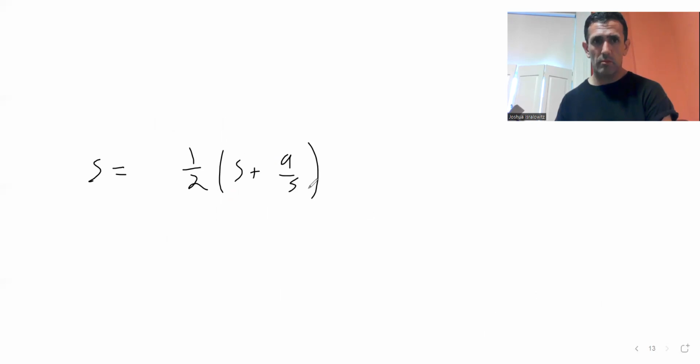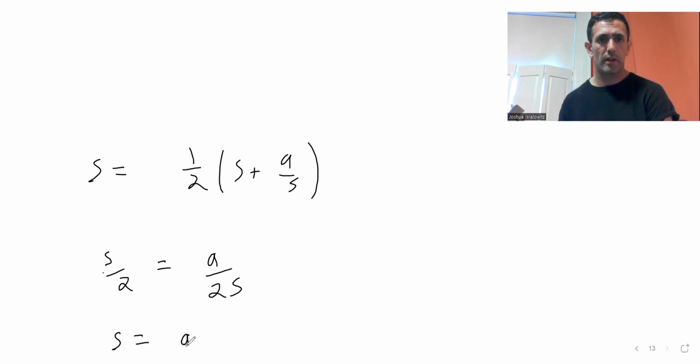So what does that mean? Subtract 1/2 s from both sides. s over 2 is A over 2s. Okay, so multiply both sides by 2. s is A over s.